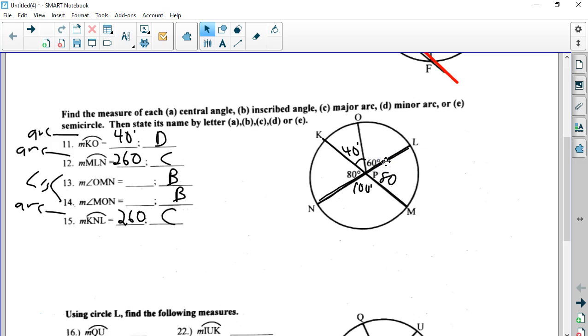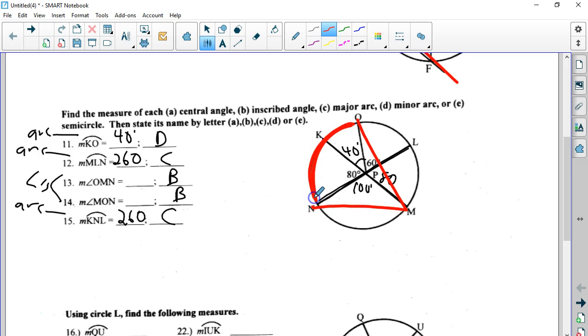All right, OMN. Again, O to M to N. So we're looking at this arc right here. That's going to be 80 plus 40, which is 120. But remember, for inscribed angles, we divide by 2, so that's 60 degrees.